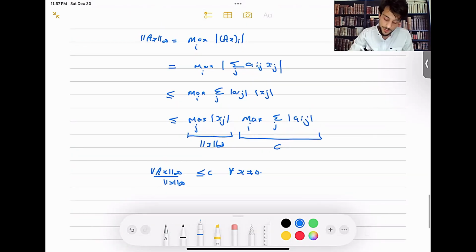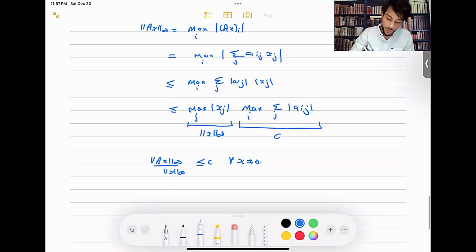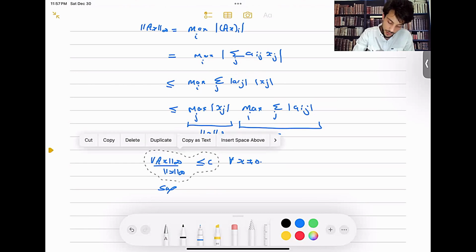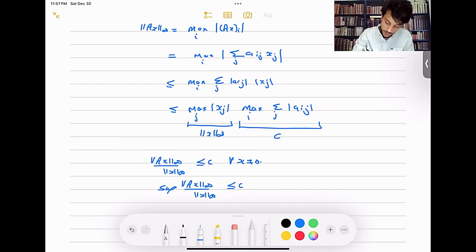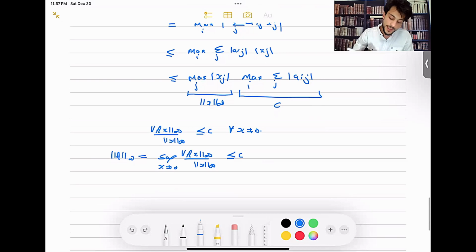And now all that is left to be done is to take the supremum on both sides, and we get that the sup over all x not being 0 is less than or equal to c, because c is independent of x. We can do that. And this is just the infinity norm of A, as desired, and we get the first inequality. So now the goal is to prove the second inequality.